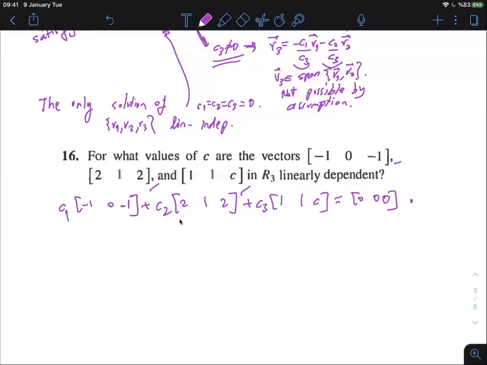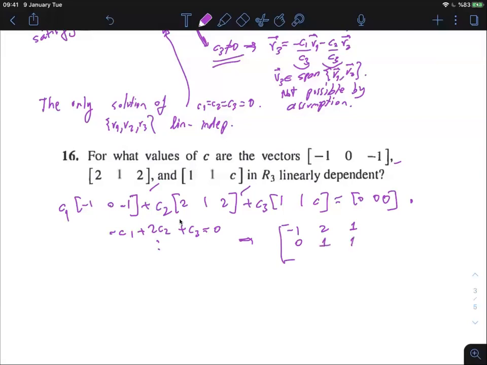Okay, so I can write this equation as what? This means these equations, right? Minus C1 plus 2C2 plus C3 equals 0. And we have two more equations, which I can represent in this form. Minus 1, 2, 1. And the second line will be 0, 1, 1.